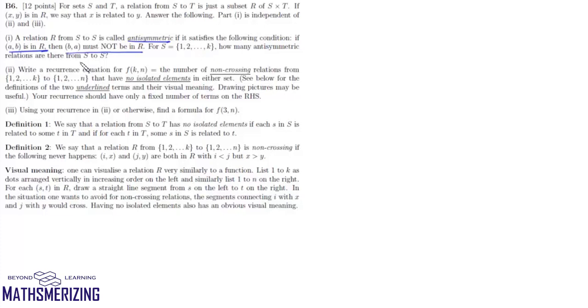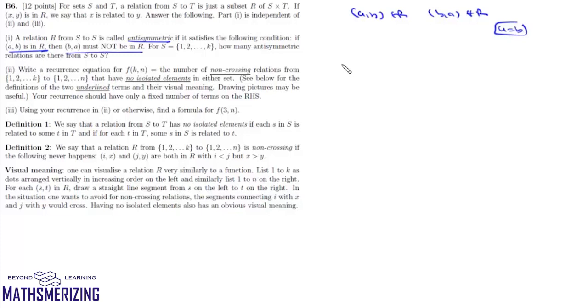Now here in the question they have defined anti-symmetric in a different way. In general we say that a relation is anti-symmetric if (a, b) belongs to R, then (b, a) doesn't belong to R except when a equals b. So we'll solve this question for traditional anti-symmetric relations and also for this given anti-symmetric relation in CMI's paper.